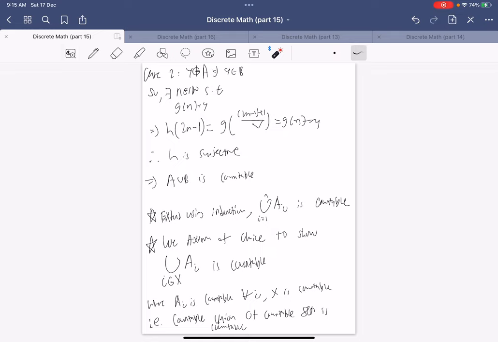But to prove it for the infinite case, where you want to prove that a countable union of countable sets is countable, requires the axiom of choice, and so I will not prove it. But just take the idea that when you union all these countable sets again, it will still remain countable. So the countable union of countable sets is countable.